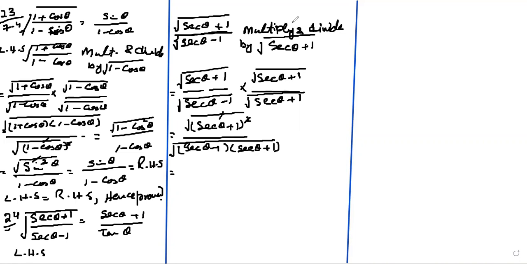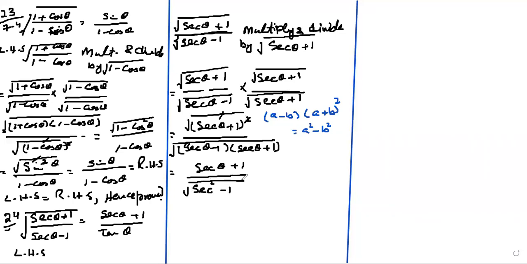And we use this formula, a minus b times a plus b equals to a square minus b square. Okay. So this formula we apply here. So secant theta minus 1 times secant theta plus 1 is equals to, the numerator is secant theta plus 1 and this equals to secant square theta minus 1. Okay.